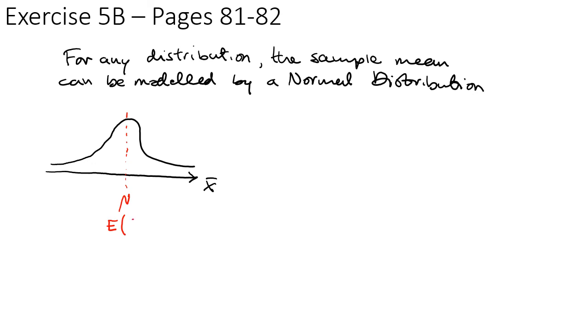Now that might be mu or E(X), and the variance of our sample mean is going to be the original variance over n. Actually, let's write variance. I've been saying variance and then I'm writing down standard deviation. So that's squared, that's n. Now this at the top could be Var(X) as well.